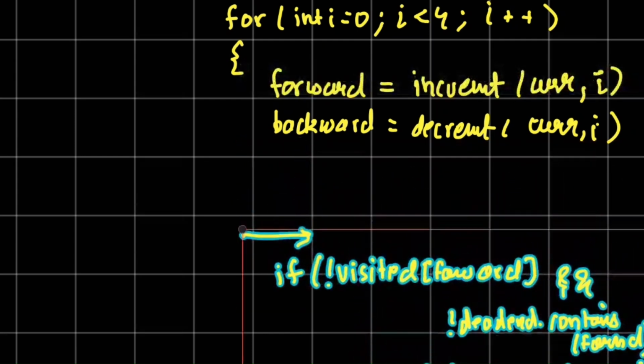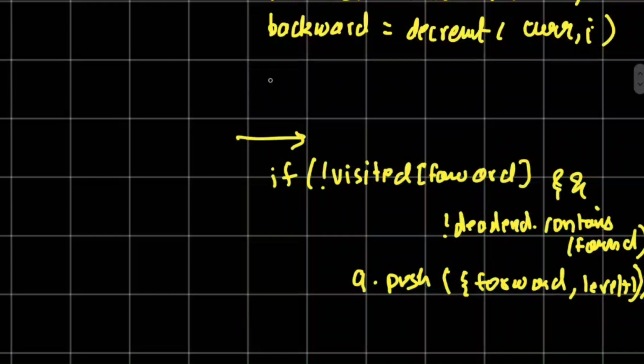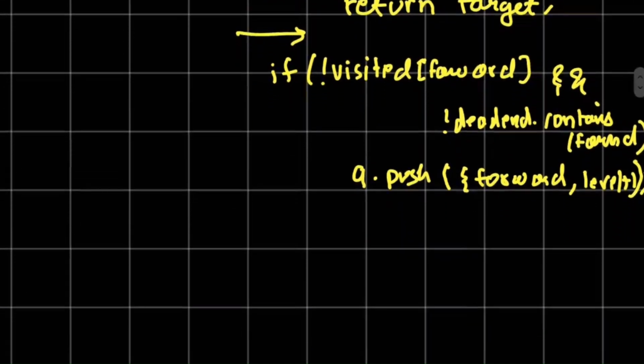So we'll move it down and we will say that if forward is equal to target, then we must return target. So return target. Okay, now we will check backward.